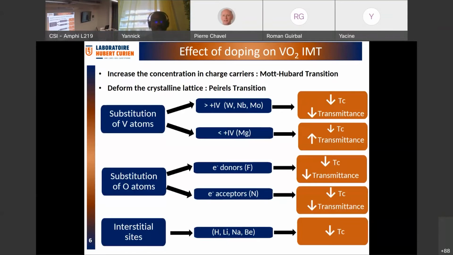When we want to dope, we can use different strategies: substitution of vanadium atoms, substitution of oxygen atoms, or interstitial doping. According to the strategy, we can have different results in terms of transition temperature or the transmittance that we get.